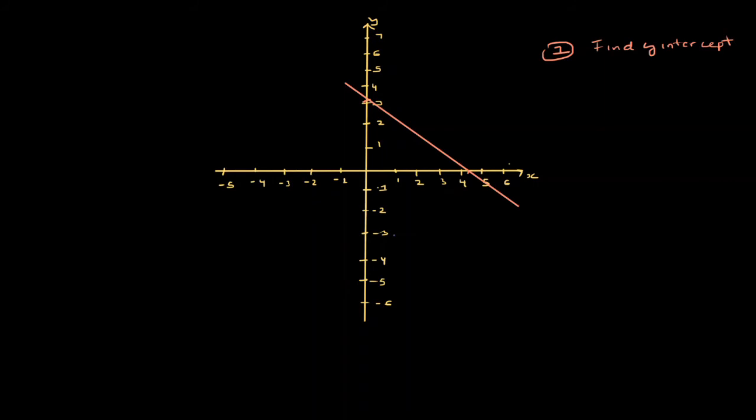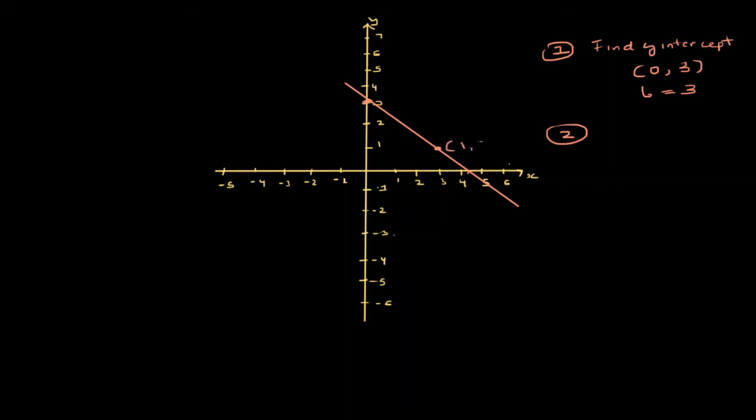All we have to do is see where the graph crosses the y-axis, and that's the y-intercept. So right here, it crosses at (0, 3). So then b is equal to 3. Awesome. Now let's find the slope.